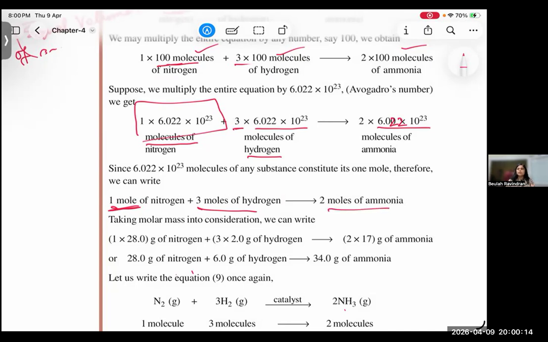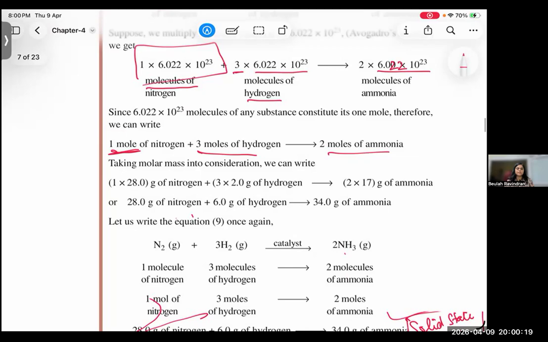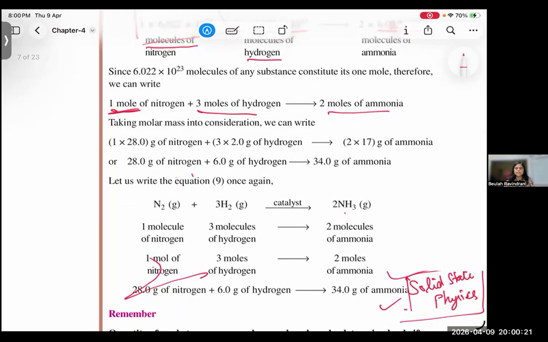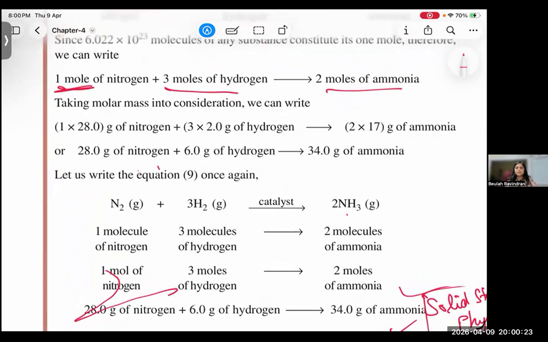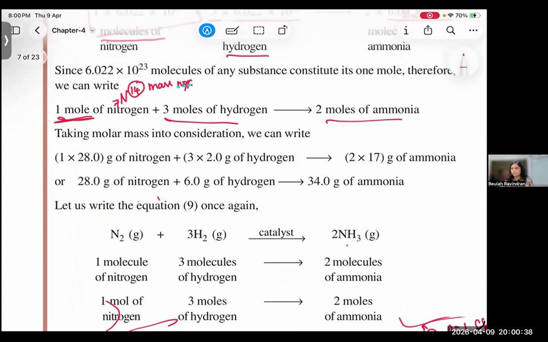Can you understand? So how do moles come, taking molar mass into consideration? We will write like this. What is nitrogen? Nitrogen is 7 and 14. This is the mass number. I've always insisted to my students that the mass number is very heavy, since the 7 is accountable for the number of electrons.